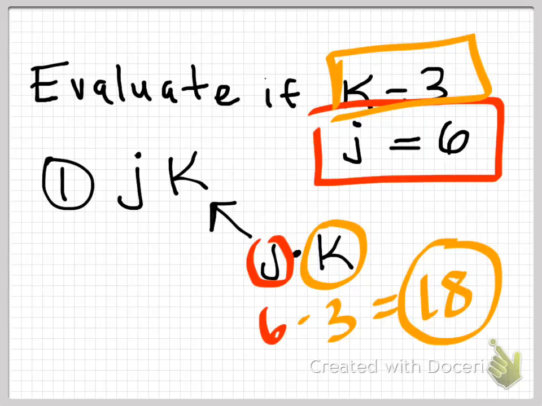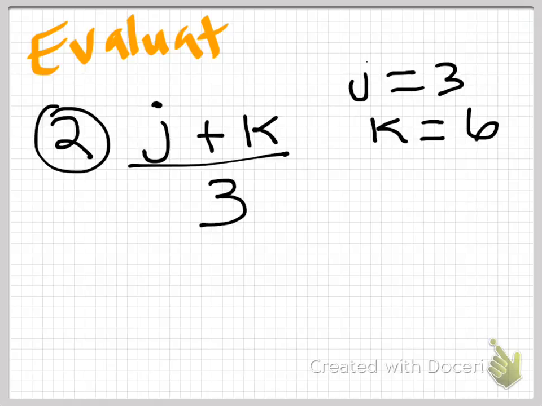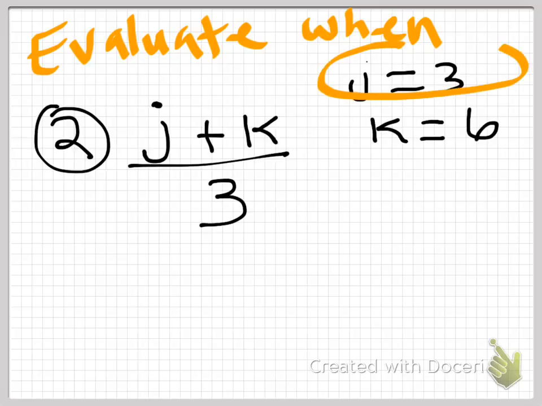Let's do another one. What about something like this? Evaluate, and that's what they're always going to tell you. They can give you different numbers, but in this case, it's the same thing. So again, J is 3.